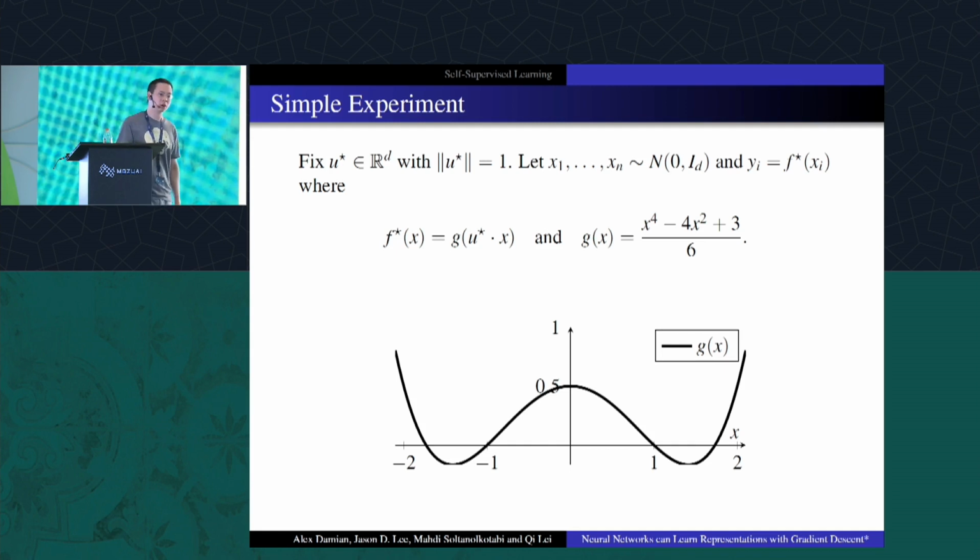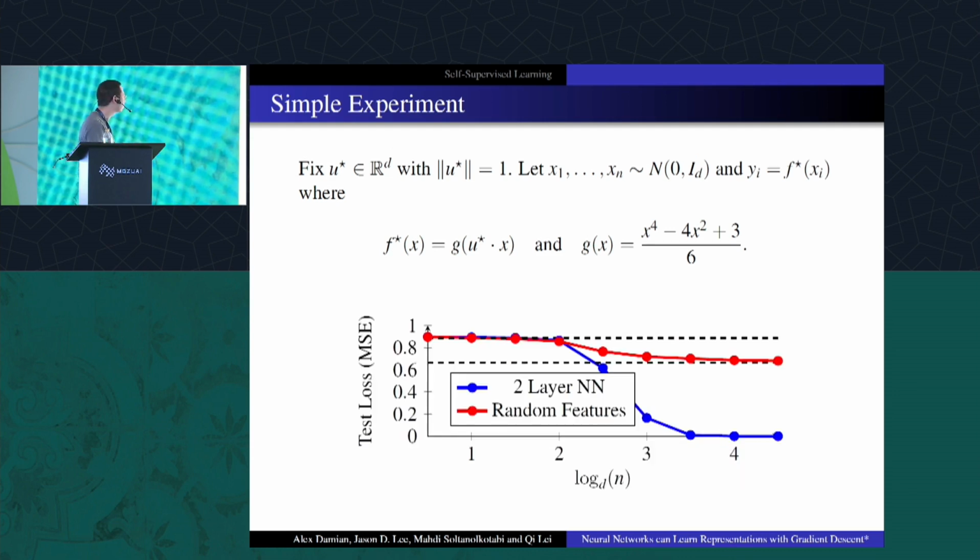If I told you the direction u star, you just fit a univariate polynomial that needs samples, something like order of the degree, and you would be done. Okay. Let's see what happens when we run two standard algorithms.